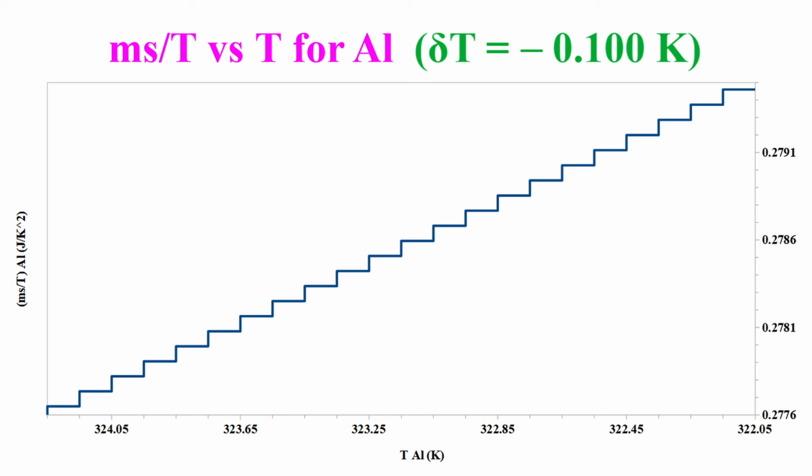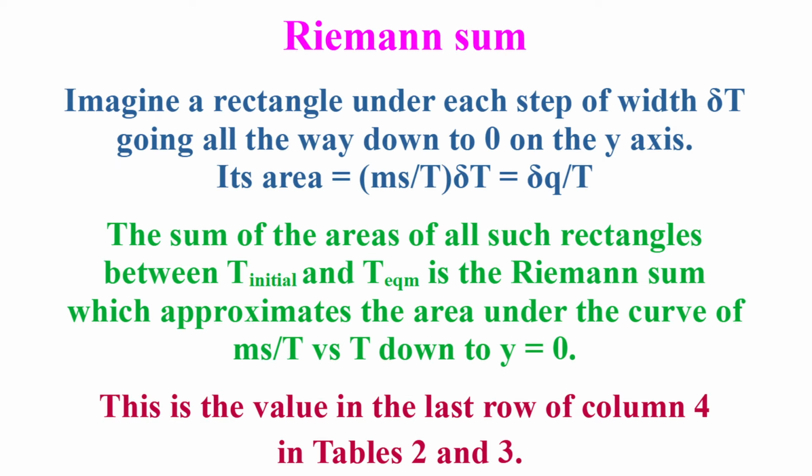That is, when the temperature of water is 305 Kelvin, that of aluminum is 324.25 Kelvin, and when that of water is 306 Kelvin, that of aluminum is 322.05 Kelvin. From calculus, one may recall the concept of Riemann sum.